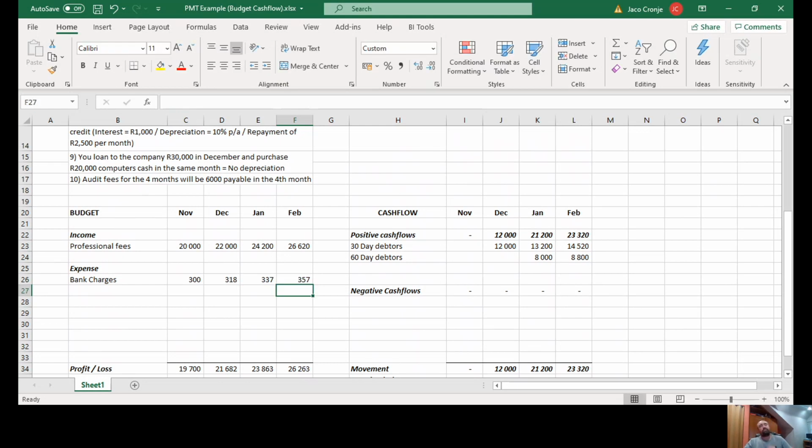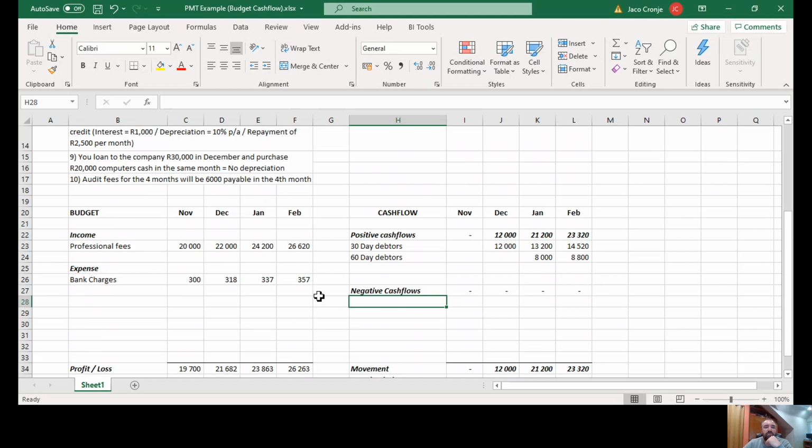Okay. So now we have to ask ourselves, can I also extract information for the cash flow from that info? So let's think about that. When my bank charge goes off on my bank statement, or when I incur my bank charge expense, does that reflect on my bank statement? And the answer is yes.